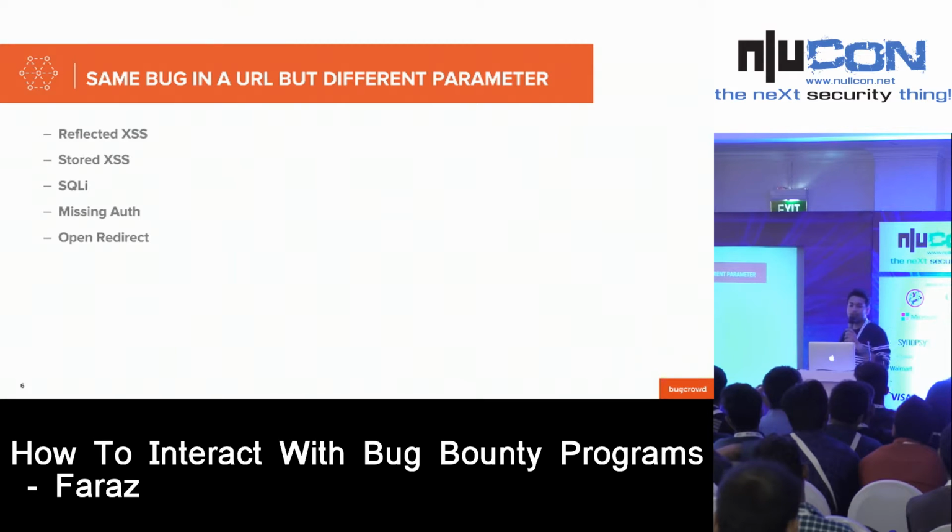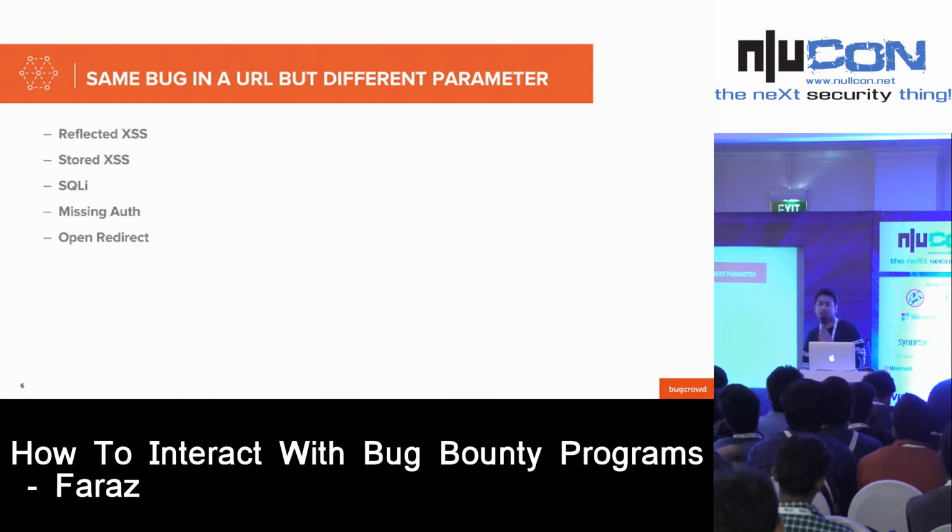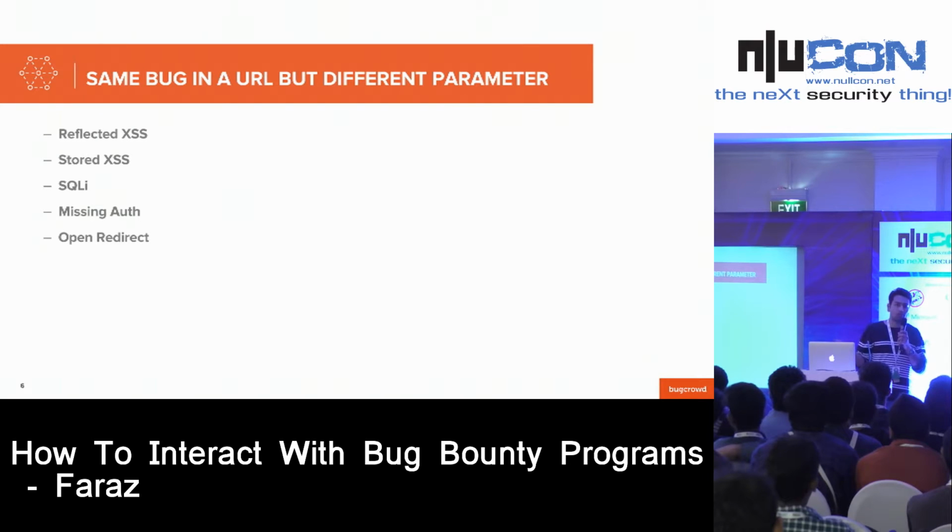Same bug in a URL but different parameters. There are many times researchers have a doubt. There is a URL which has many parameters. Most of them or more than one of them are vulnerable to stored XSS, SQLi, IDOR, something like that.